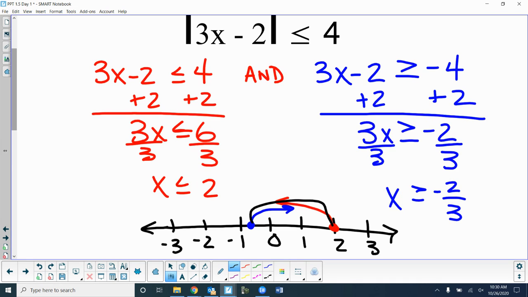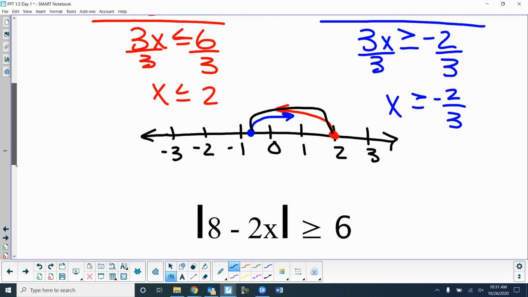Is that less than or equal to 4? No. That's why there's no arrow going over top of this. I chose negative 2. 3 times negative 2 is negative 6. Minus 2 is negative 8. The absolute value is positive 8. That's not less than or equal to 4 either, right? We just drew a picture of all the numbers that would work for that absolute value inequality.